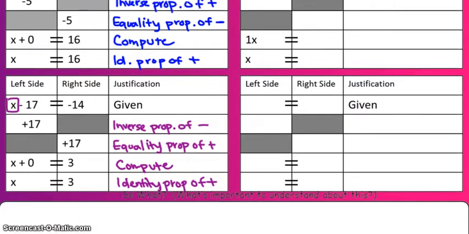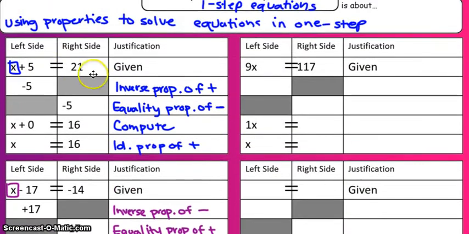Okay, moving up to the upper right hand side, we have 9 times x equal to 117. We want this x to be by itself, so we have to get rid of that 9 times x. To get rid of multiplying, you divide by 9. That's the inverse property of multiplication.